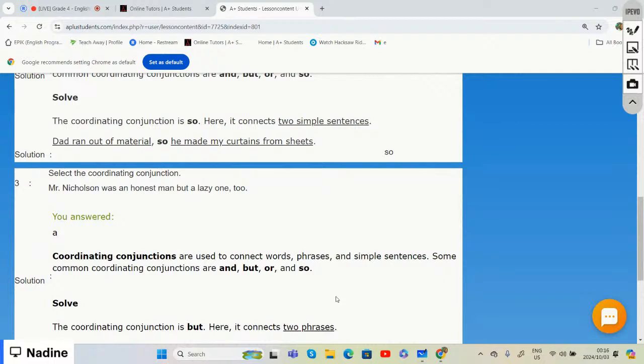Keeping in mind that we are joining sentences or phrases or words, when it comes to our coordinating conjunctions, then it is words like and, but, or, so. And it is used to connect phrases, simple sentences, words.